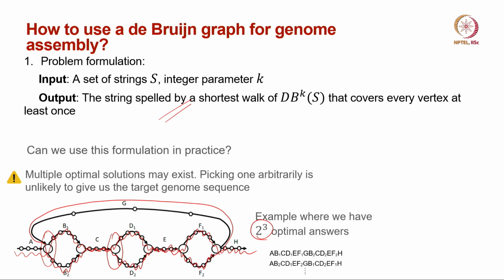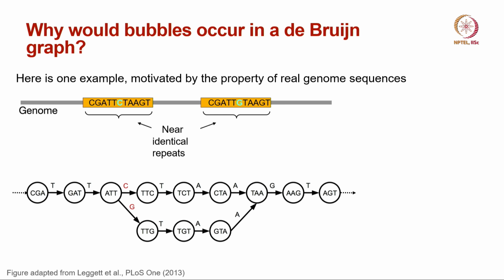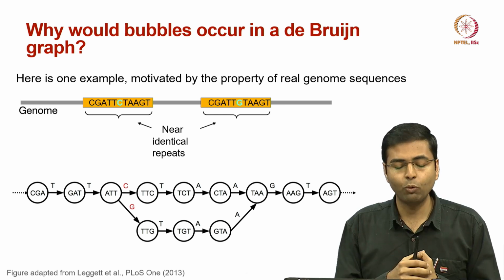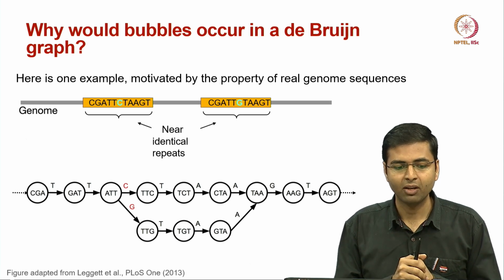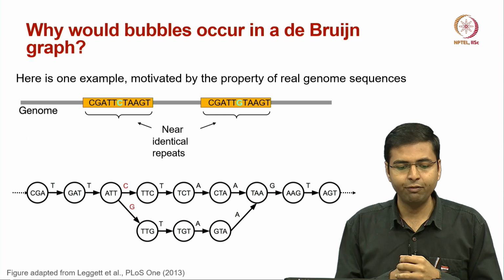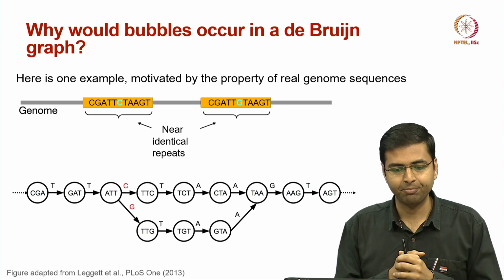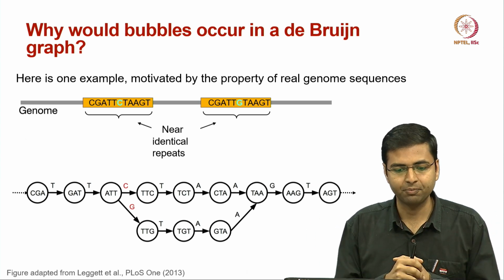Now, you may ask, okay, why are we considering this graph with bubbles, like why should bubbles exist in a graph? Is this just an adversarial example, or do these bubbles also appear in the real world? Well, it turns out yes, bubbles are a very common structure that we observe in real world de Bruijn graphs, and here is an illustration to support that argument. Suppose you have a genome sequence in which you have 2 near identical repeats, which is common in large genomes, that you will have many near identical repeats in the genome sequence.